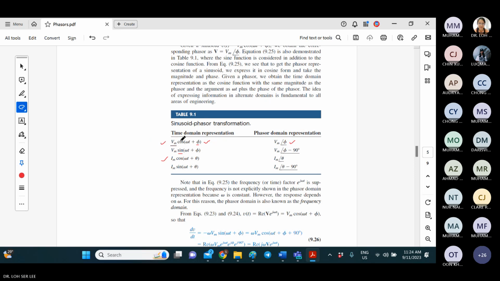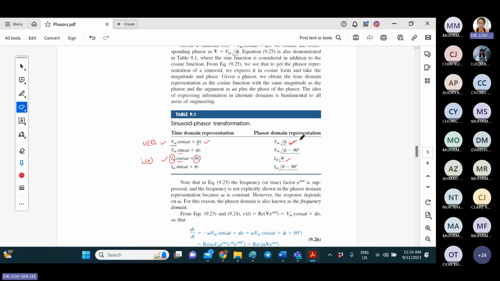Okay, so these two are similar. This is just that this is v(t), this is i(t). One v(t), one i(t). You look at this notation. For cosine function, you can get your phasor domain directly by taking these two.